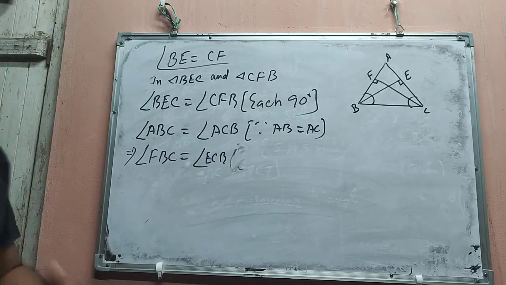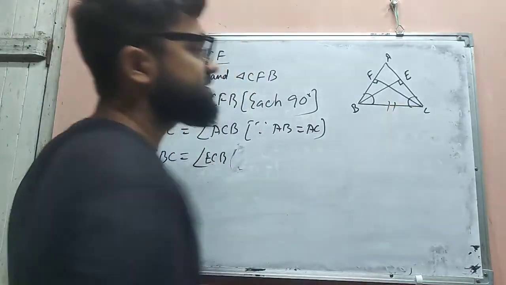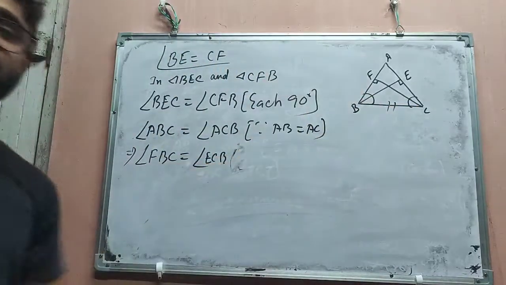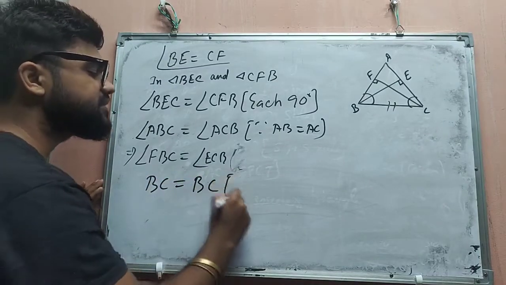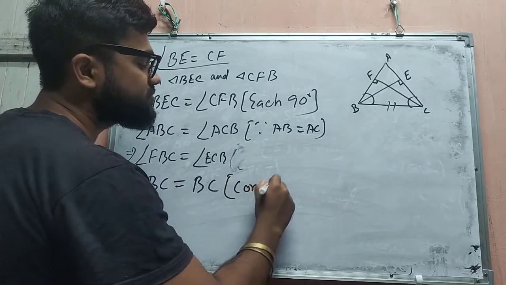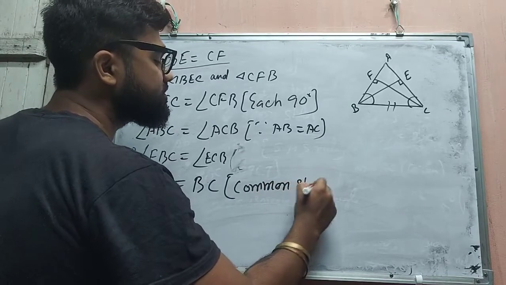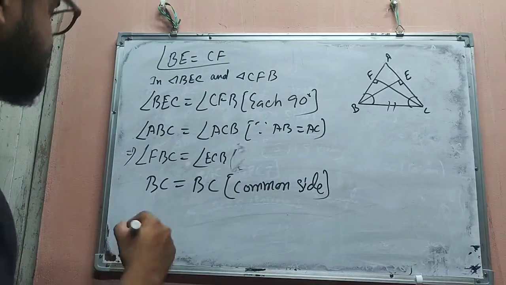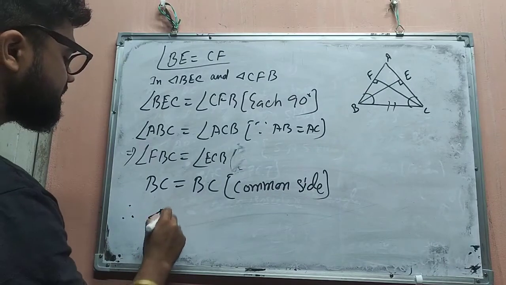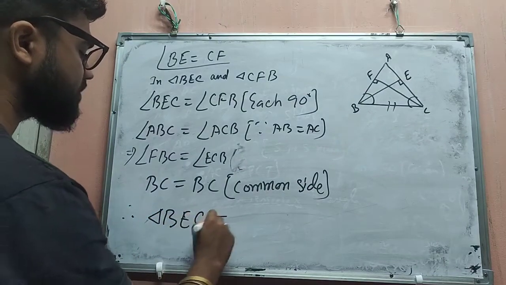Then secondly, BC is the common side for both triangles, therefore BC equal to BC. As these are equal, therefore triangle BEC is congruent to triangle CFB.